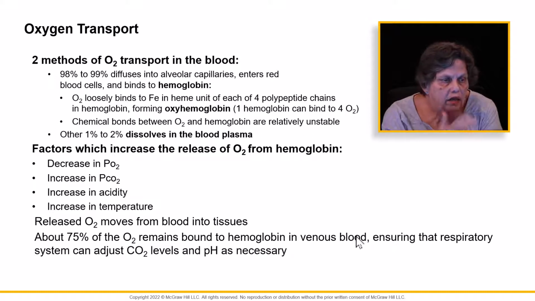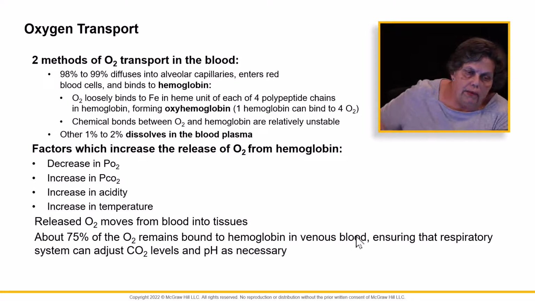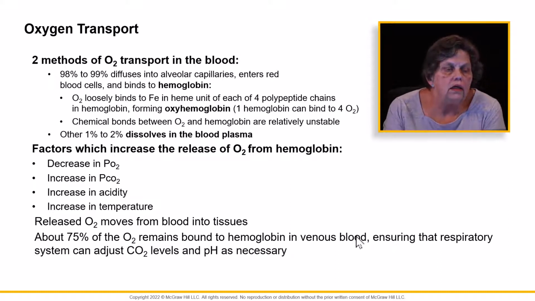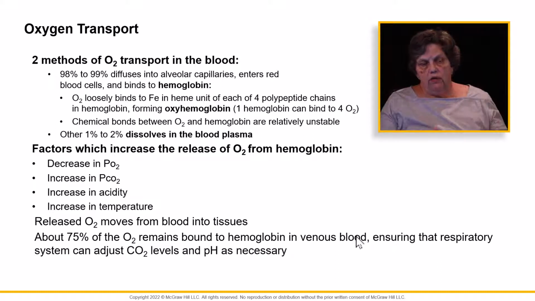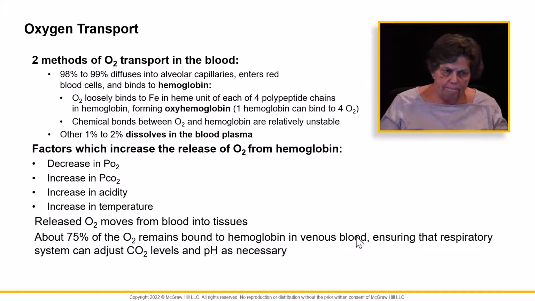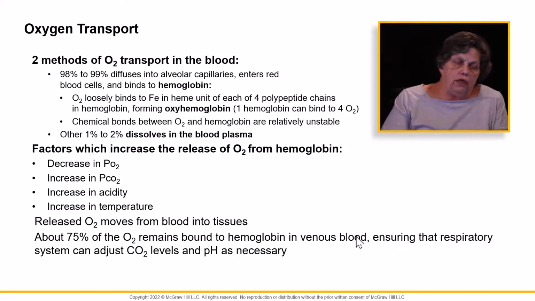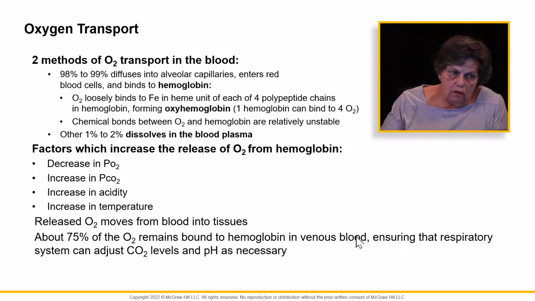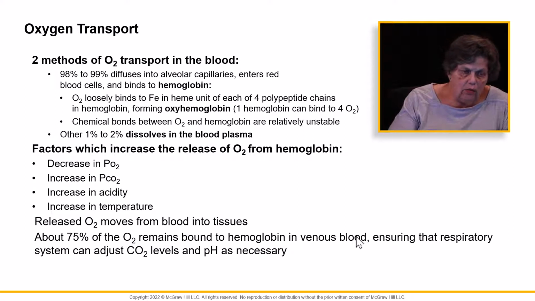All right. There's a tiny amount that dissolves in the plasma, and the factors that increase binding: if you have a decrease in PO2, you're going to bind more. If you have an increase in PCO2, you're going to bind more. Again, if you have an increase in acidity, you're going to try and bind more. You want to bind more because it doesn't carry as well.